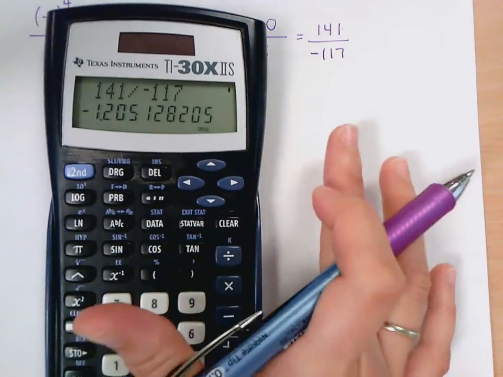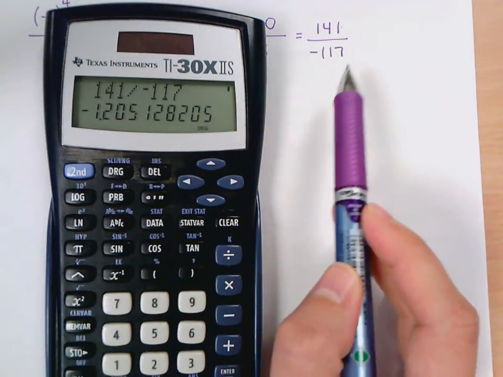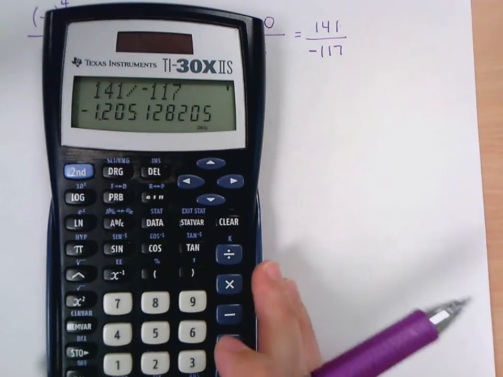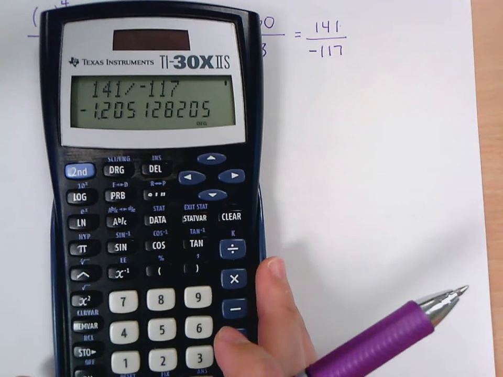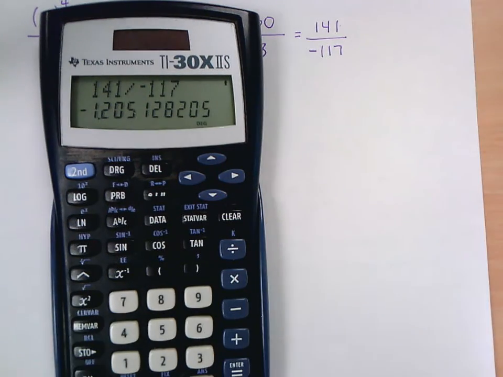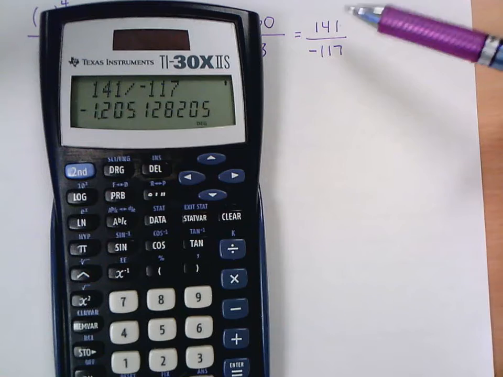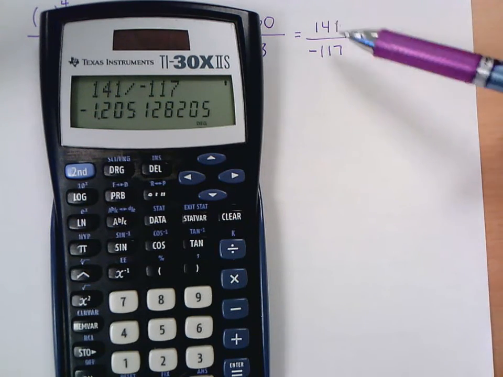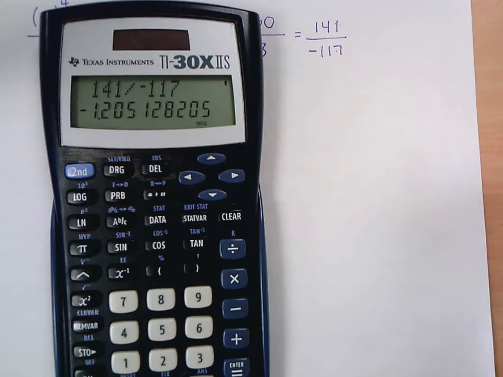So here I'm going to leave it as a fraction. I have to determine if I can simplify this, which I will tell you, you can. You can have negatives in a fraction. Since the numerator is positive and the denominator is negative, that just means the fraction as a whole is a negative number.